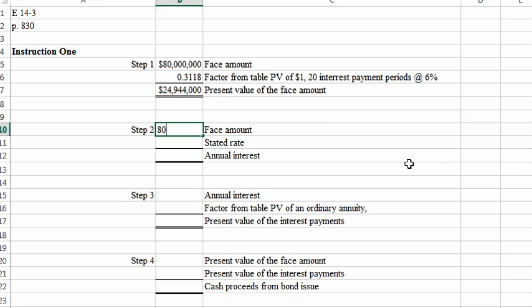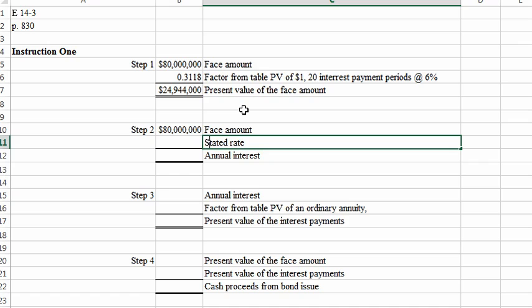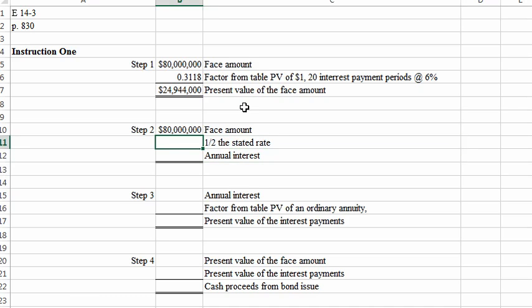All right, now how much interest will Bradford pay every 6 months? Well, we'll take the 80 million, and then we're going to multiply not by the full stated rate, but half the stated rate. Why? Well, that stated rate is an annual rate.